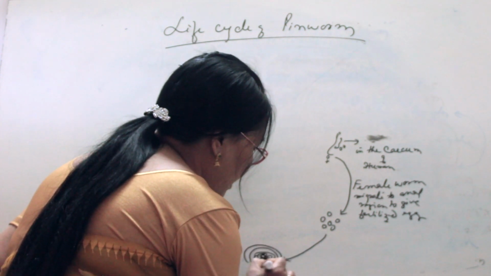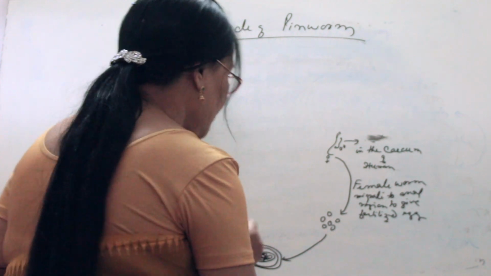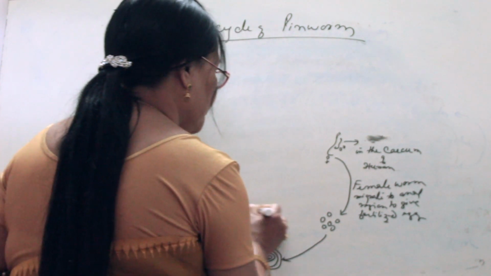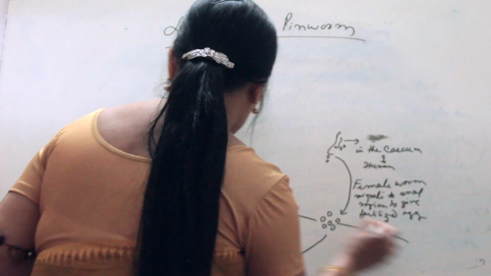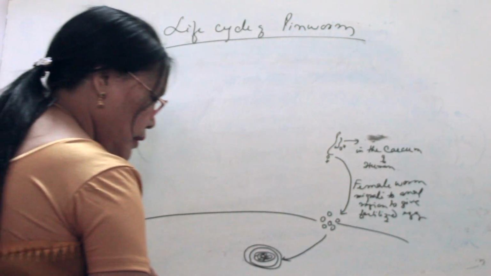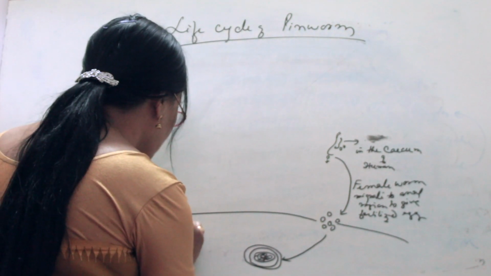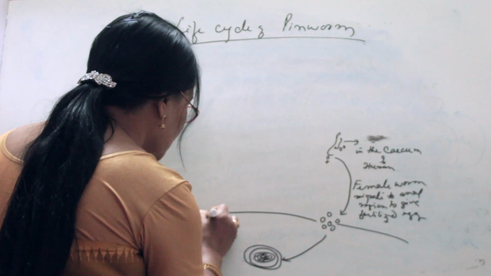This is the egg, and inside it the embryonated larvae are usually present. This is the external environment.